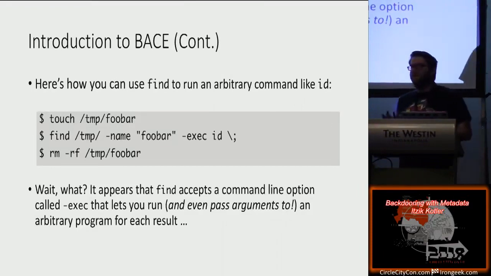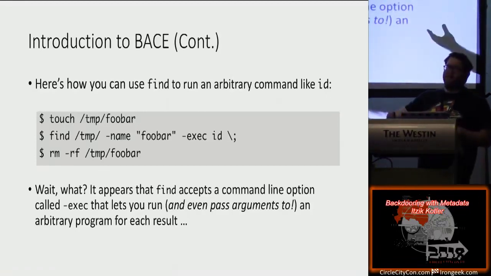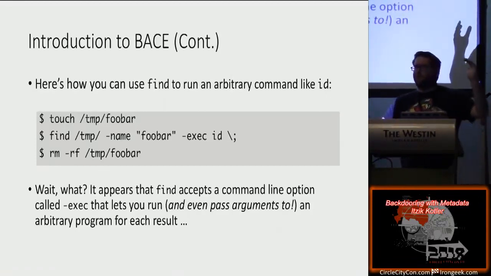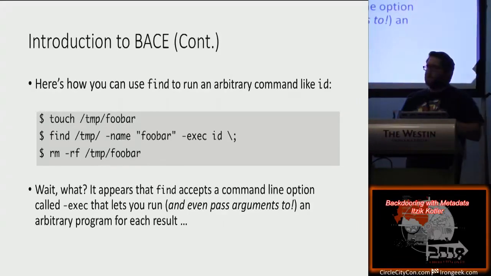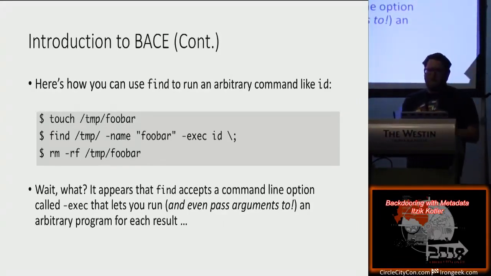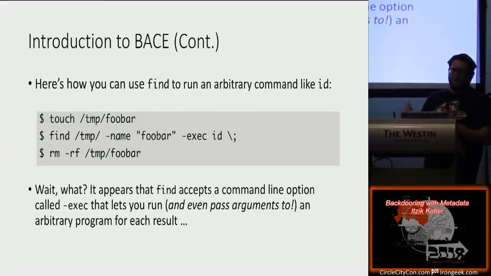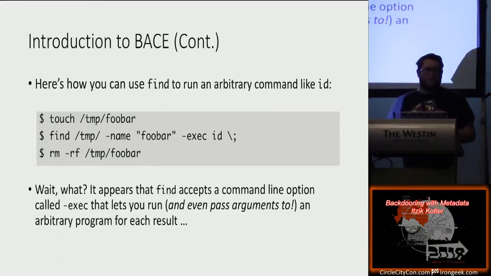As you can imagine, this could be very useful from an IT administration point of view, where you want to search for files and then change their name, change their permission, delete them. You can basically associate an action with each item. But is that all you can really do? In this example, which I'll quickly run as a proof of concept to show that it's working, I decided to run the command id.